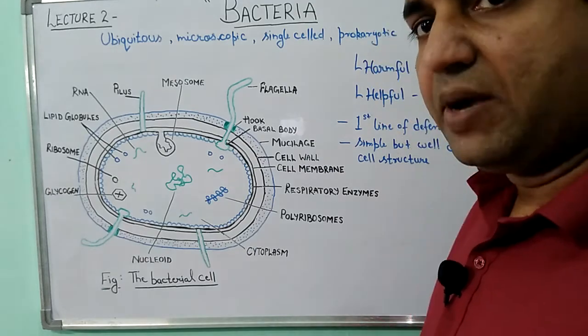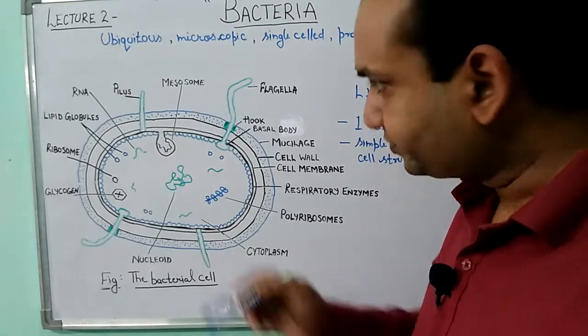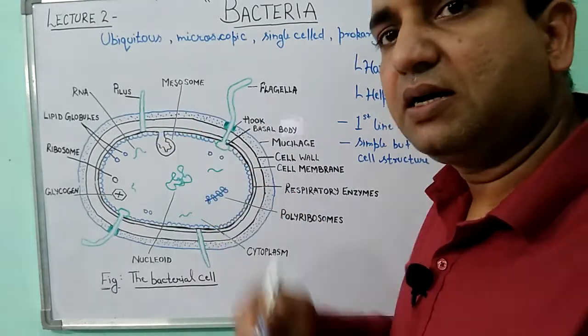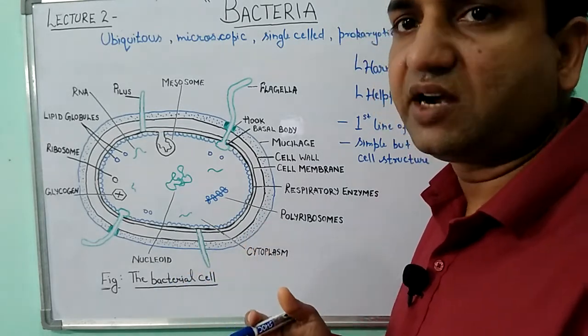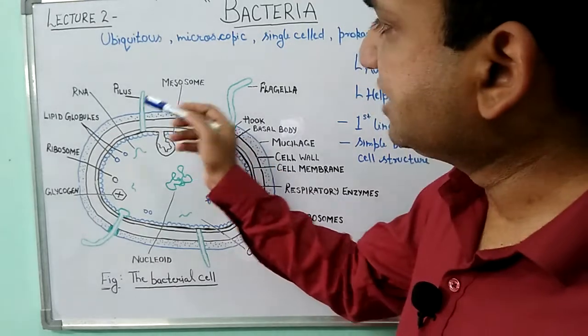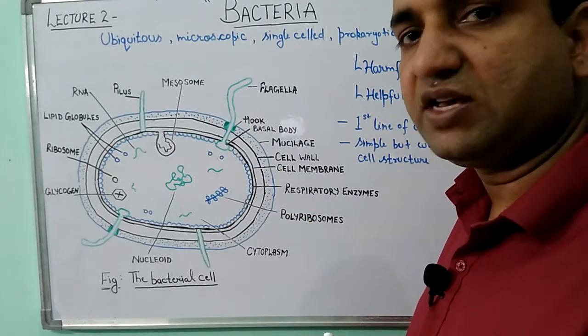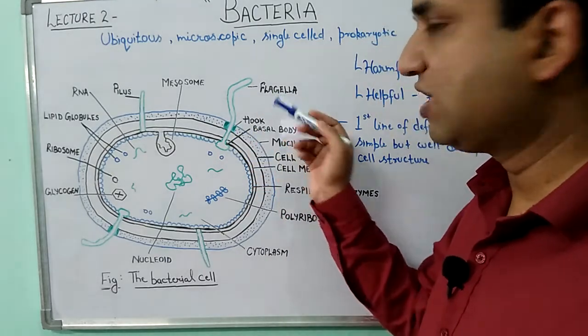There are several filamentous structures like the pilus and the flagella. The pilus is found in gram-negative cells. We will discuss further what gram-positive and gram-negative cells are. This pilus helps in the attachment of the bacteria to surfaces. Now there are more lengthy structures like the flagella.